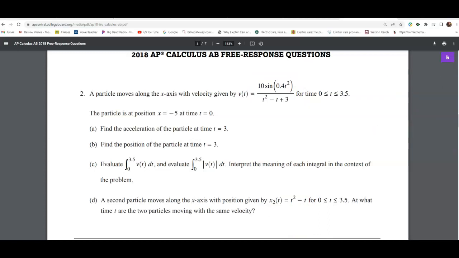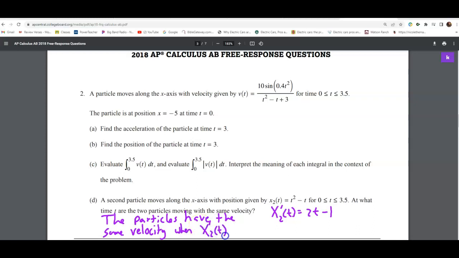So, let's begin here. First of all, the derivative is 2t minus 1. So the particles have the same velocity when x sub 2 prime of t is equal to v of t.